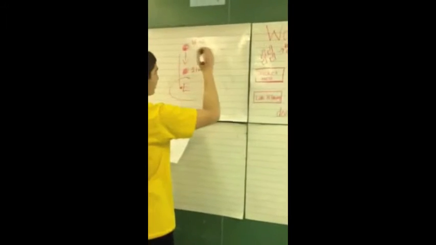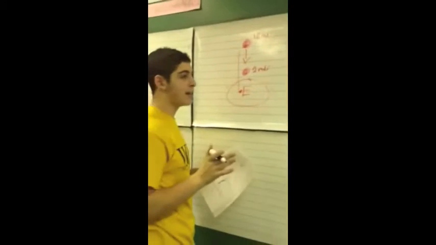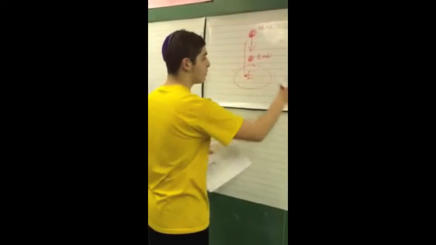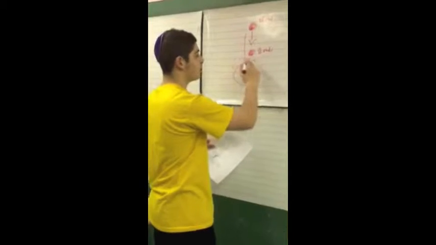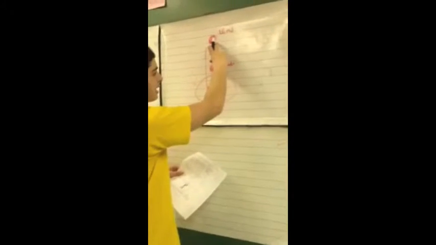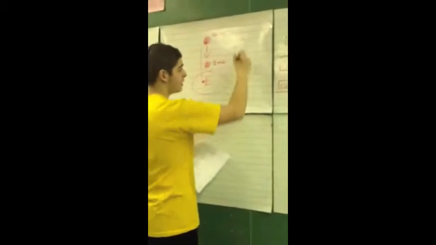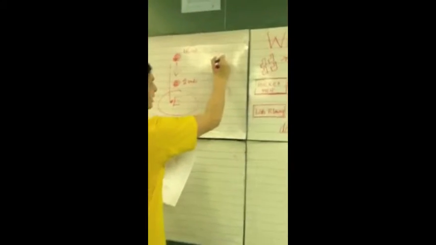I'm not going to write it out right now, but all you need to know is the mass of the objects and the radius between them. What's happening here is the mass is going to be the same, so you'll cut out the mass from that equation, and you're left with the radii.